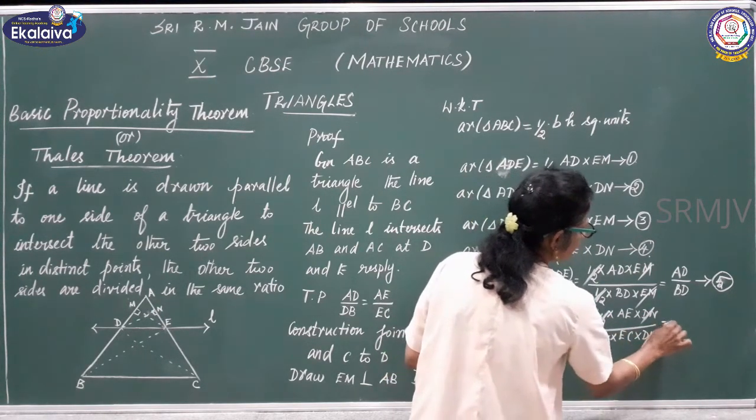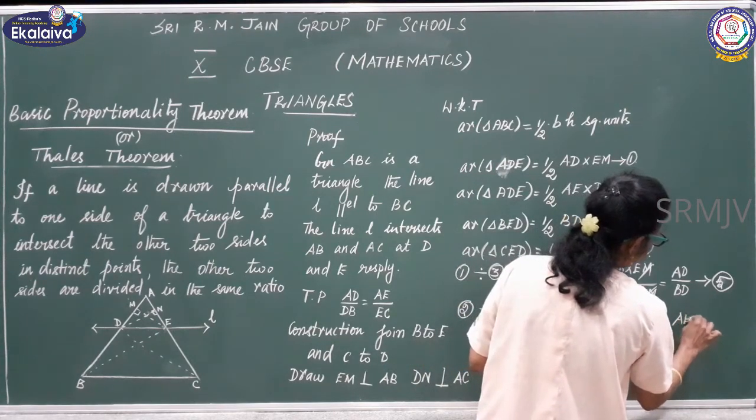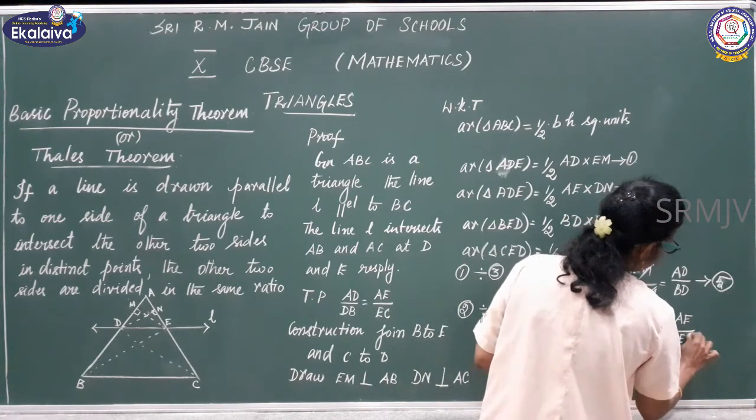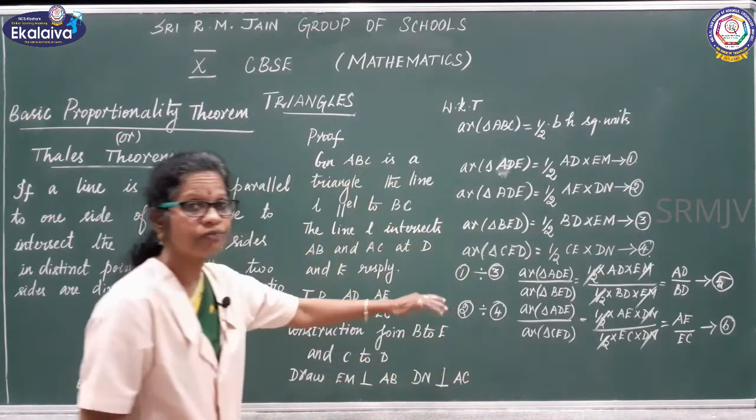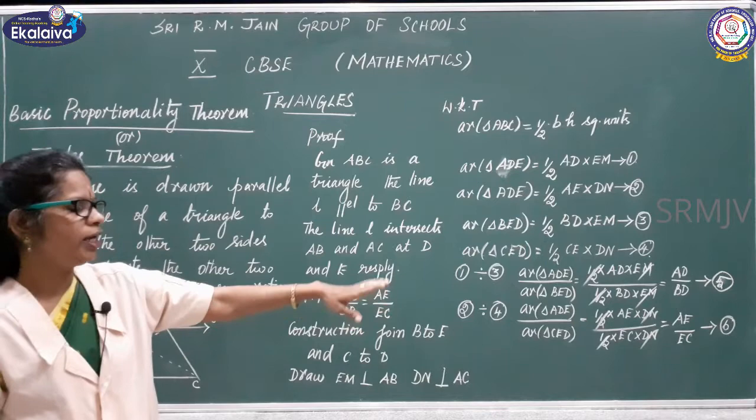Cancel. You will arrive AE by EC. That is equation number 6. See, we got half of the result, right? AD by BD, AE by EC.